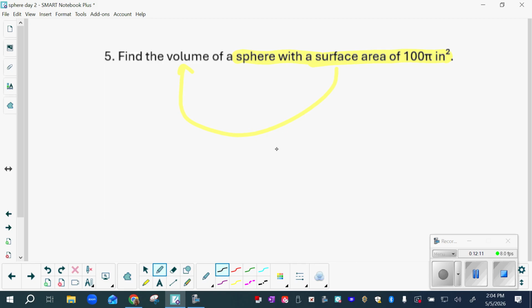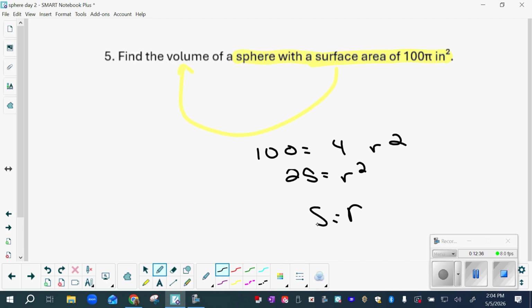Yes, you may. Surface area equals 4 pi r squared. That's my surface area. Oh, look how nice that is. So here's what I know.